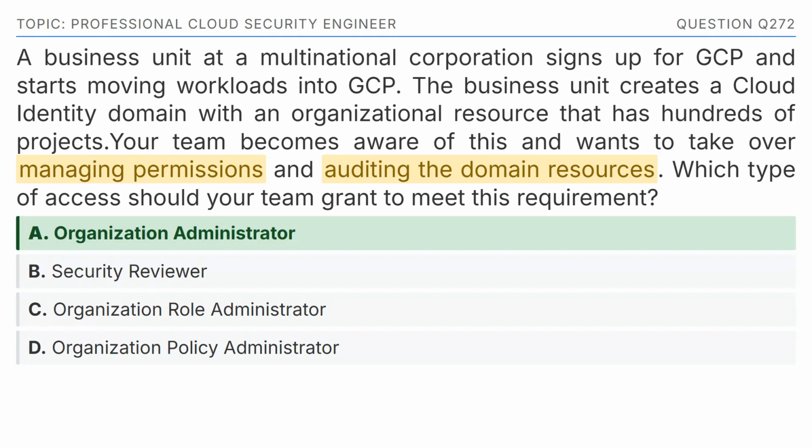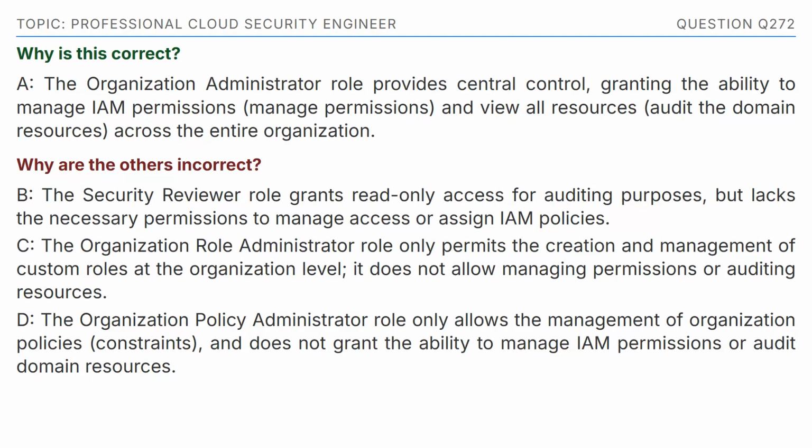The correct answer is option A, Organization Administrator. Why is this correct? A. The Organization Administrator role provides central control, granting the ability to manage IAM permissions and view all resources, audit the domain resources, across the entire organization.